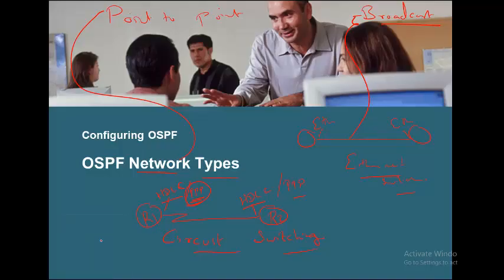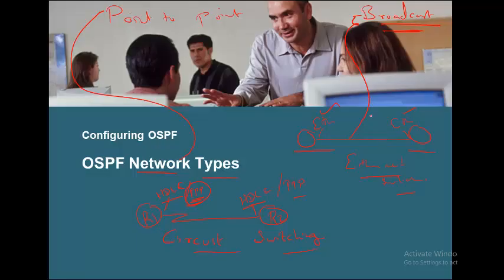If you don't have DR, BDR, we learned that there will be duplication of updates, which will end up in a loop. Whether you have two routers or 20 routers, this is called broadcast network type because you are using Ethernet.